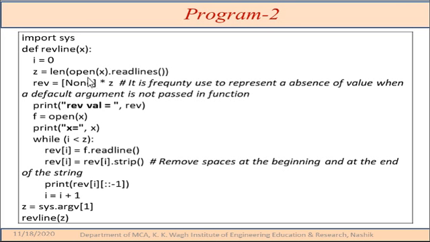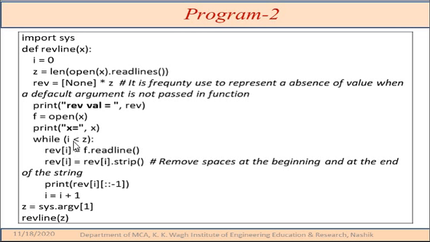If we have not passed any value, it will consider some default value. Next, just for better understanding, I print the file name, then open the file. Whatever file we read, we first have to open it.